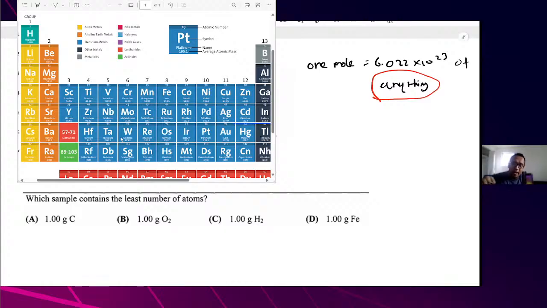This one is still a correct choice. Marbles in 1 mole of marbles? Yes, that's true as well. It's also true. A mole is just a count. We are focusing on atoms here.